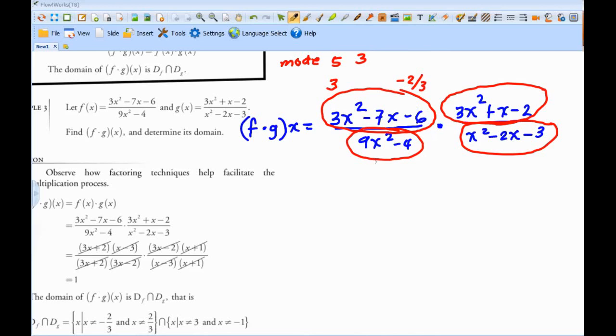Here, you have to enter mode 5, 3 again. Enter 9. Since there is no B, 0, and negative 4. Then you will have 2/3, and then the other equals negative 2/3.